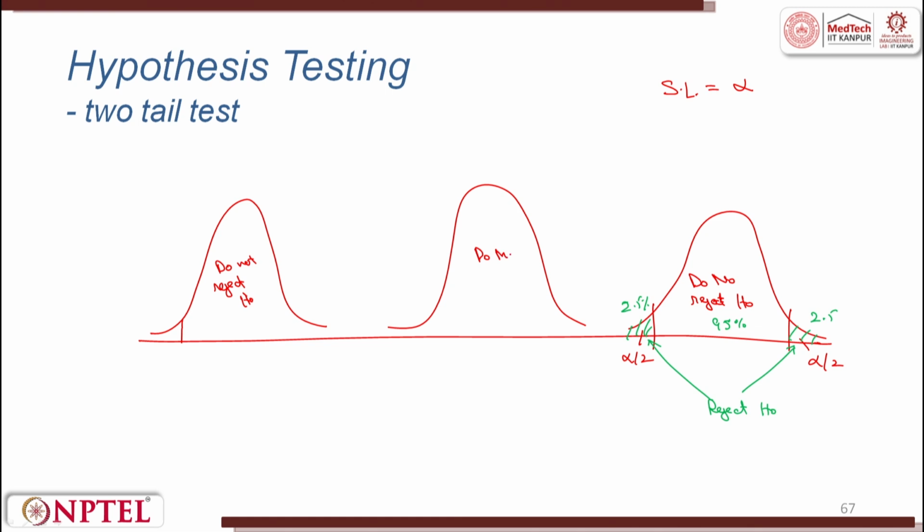Do not reject H naught. So this is left tailed, and on the left hand side I have my significance value. This is right tailed. And which I showed on the right hand side here is two tailed.